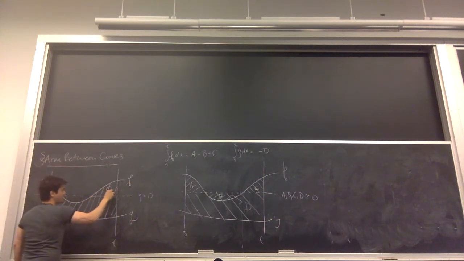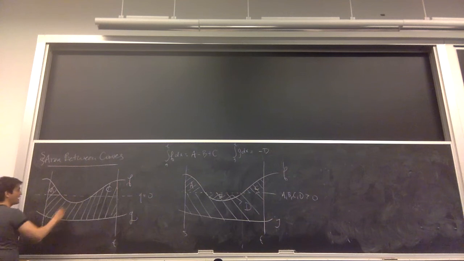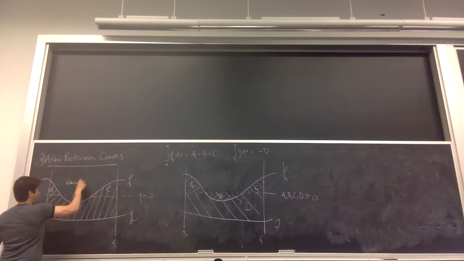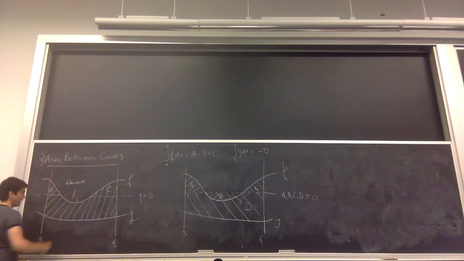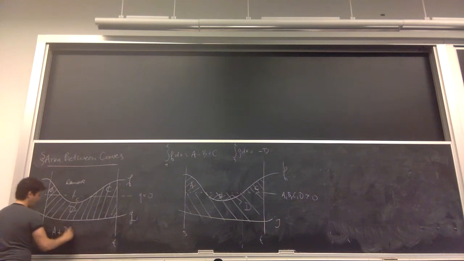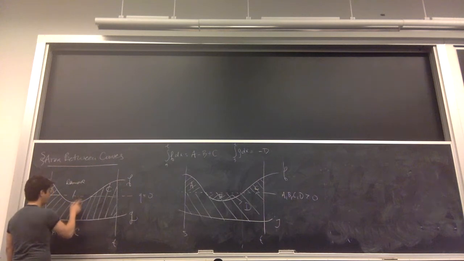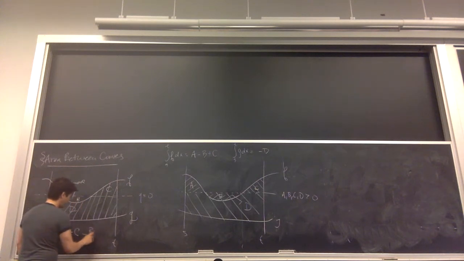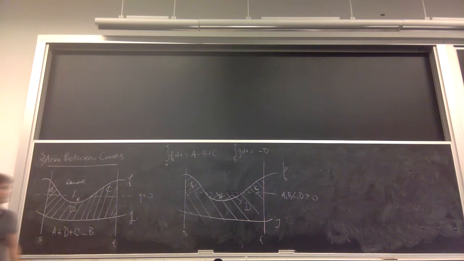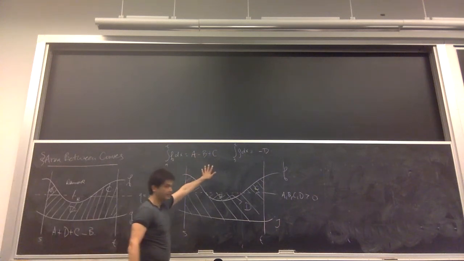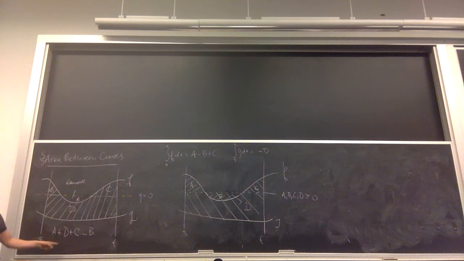I need this, this is C. I need this, this is A. I need to remove this, and then I also need this, D. So what is it? Well, it's A plus D plus C. Oh, sorry, that was a B. Minus B. Agree? Okay.